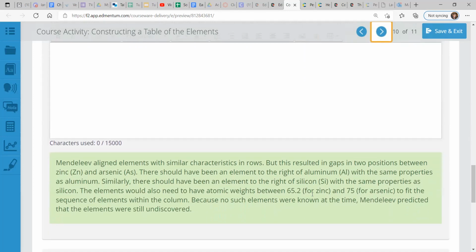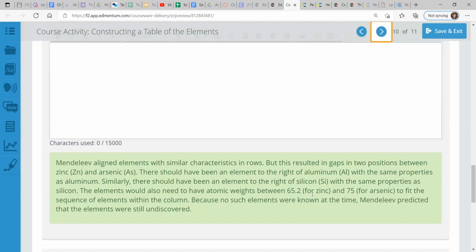Well, he aligned the elements with similar characteristics in rows, but this resulted in gaps in 2 positions between zinc and arsenic. There should have been an element to the right of aluminum with the same properties as aluminum. Similarly, there should have been an element to the right of silicon with the same properties as silicon.